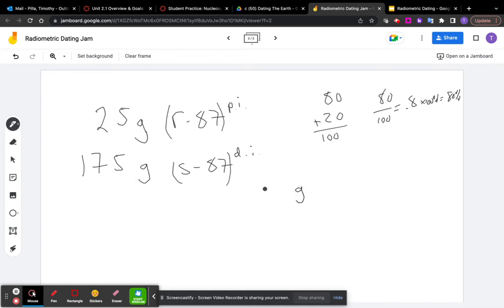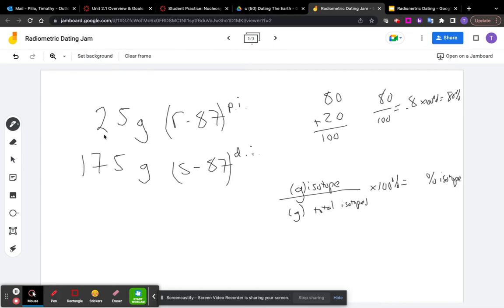The grams of the isotope that you're looking for, divided by the grams of the total amount of isotopes, times 100%, will give you the percent of the isotope that you're looking for.